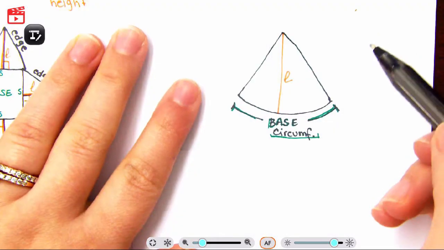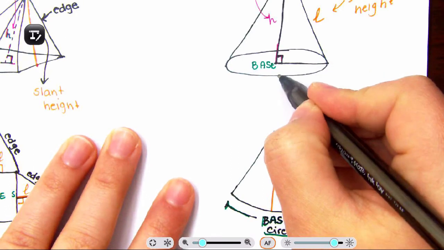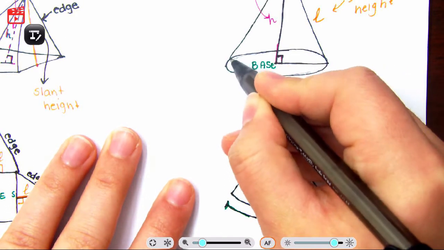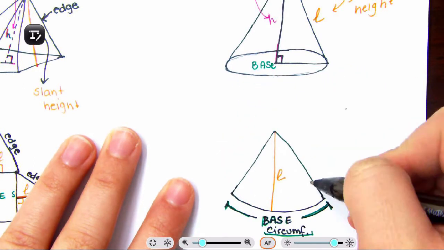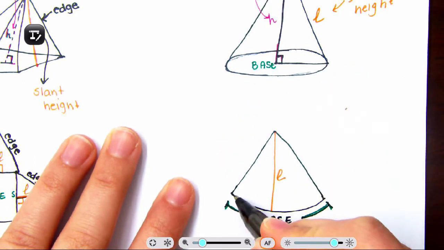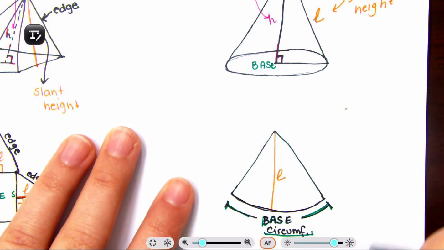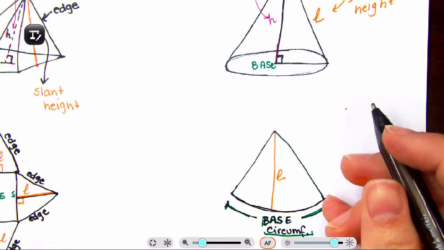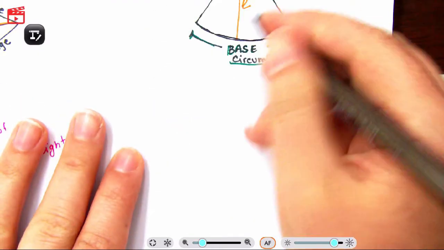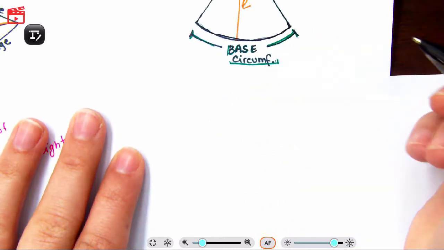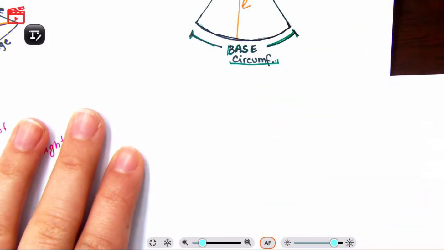So if I was to start here and cut it open, my cone would open up like this, but this bottom section would have been originally the circle. So when we're talking about the perimeter, we're talking about the circumference. Okay, so this is the perimeter around the circle, which is also known as the circumference of a circle.